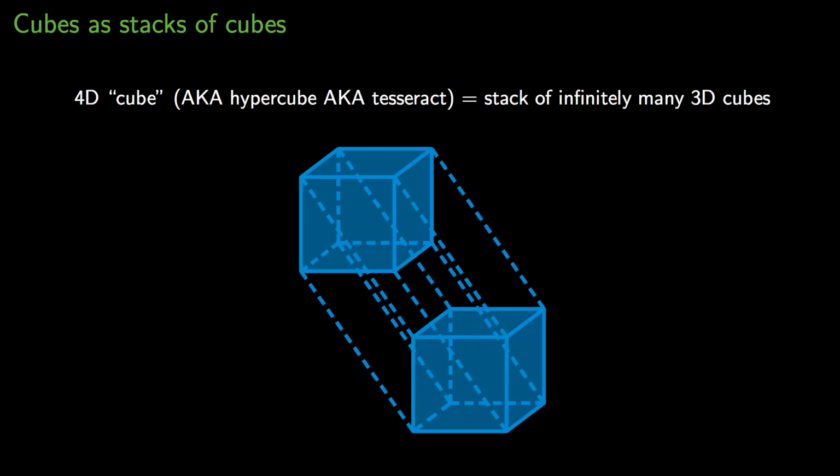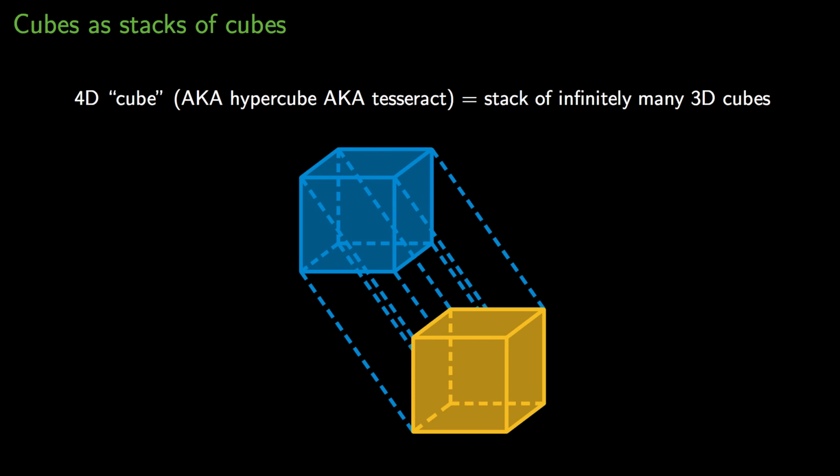Now here is a common visualization of the 4D cube. Not all the pieces of it are shown here. I just want to point that out, but it's what we use to try to understand the shape. Now we're supposed to be able to view this thing as a stack of infinitely many 3D cubes. And so here is that bottom 3D cube.